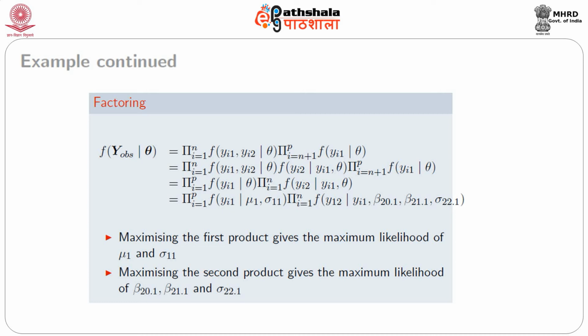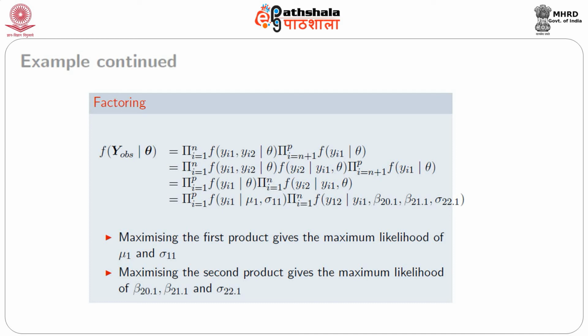So, I can maximize f(y observed given theta) by noting that it is the product, for i running from 1 to n, of f(y_i1 given mu_1, sigma_11). So, mu_1, sigma_11 is coming from the first term of the factorization, while beta_20.1, beta_21.1 and sigma_22.1 come from the second term of the factorization, which says that the conditional distribution of y_i2 given y_i1 follows a univariate normal.